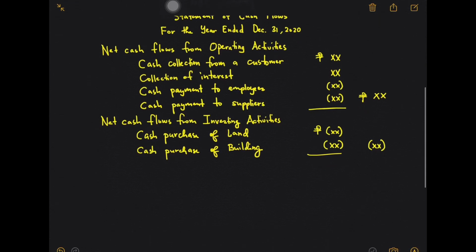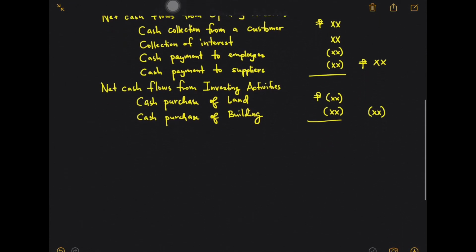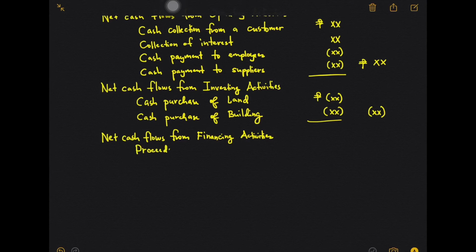And then finally, you have net cash flows from financing activities. So let me write. And let's say we have the following transactions. So here I will be writing one collection and one payment. For the collection, I'll write proceeds of bank loan.